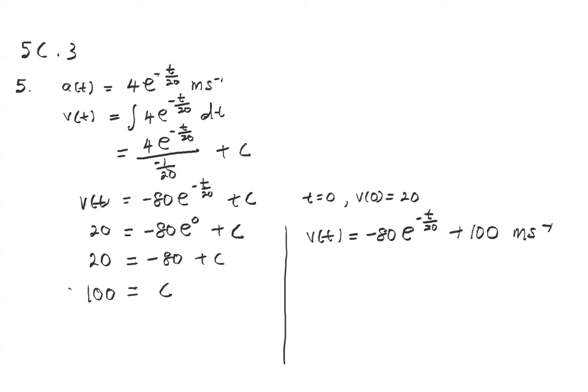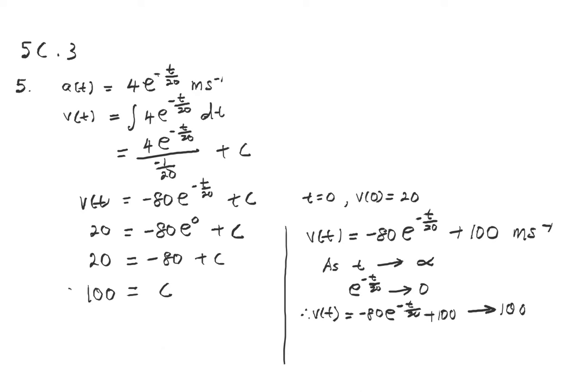They say show that as t increases, so as t approaches infinity, e to the power negative t over 20 approaches 0, correct? Therefore v(t), which is negative 80 e to the power negative t over 20 plus 100, will approach 100 because this term is 0 already.